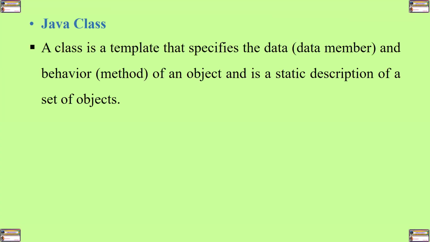So what is a Java class? A class is a template that specifies the data, that is the data member, and behavior, or what we call the method of an object, and is a static description of a set of objects. In fact, from the beginning of the series in Fundamentals of Programming using Java, we have been speaking about classes.